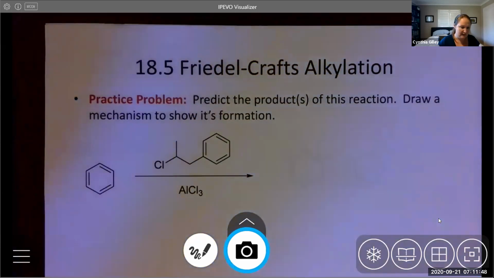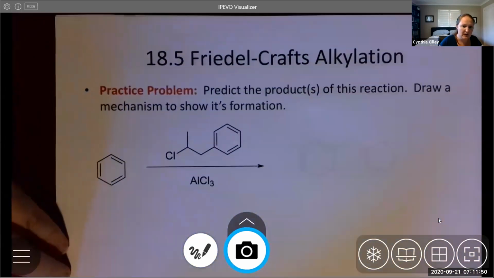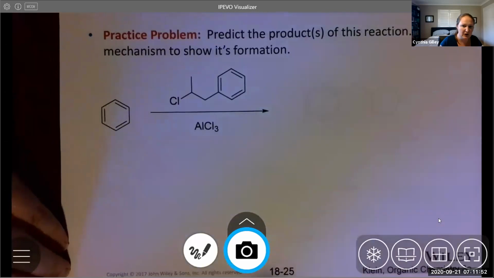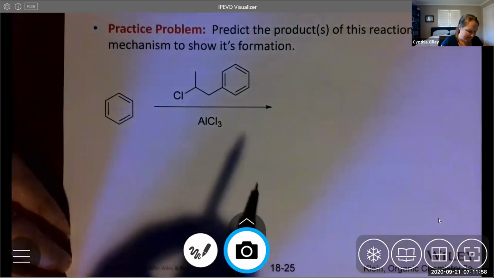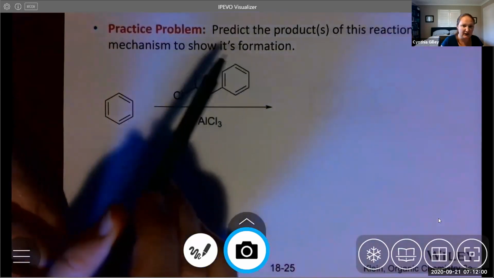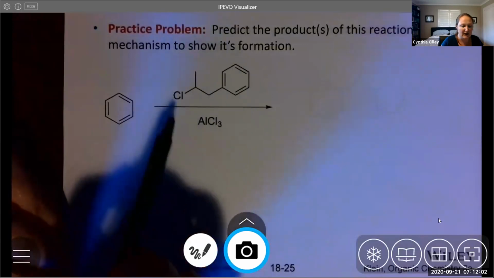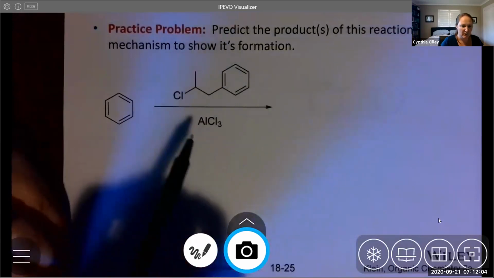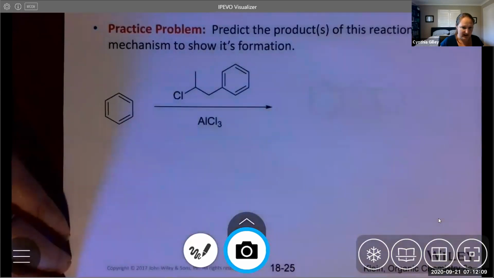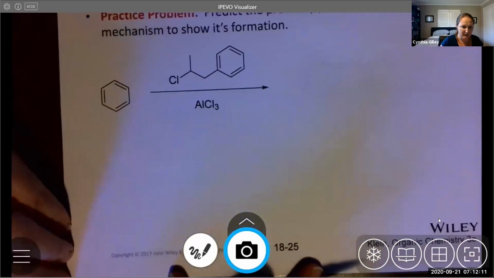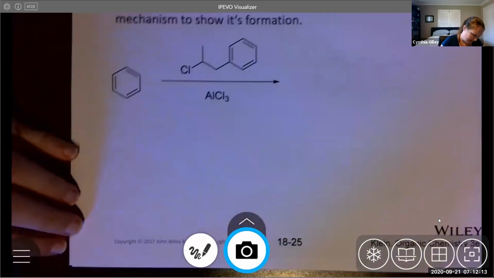All right, so let's go over this, right? We are, again, going to be predicting the products and drawing a mechanism. So recall that we don't have the active electrophile yet in a Friedel-Crafts alkylation reaction. What we have is an alkyl halide and a Lewis acid catalyst, and those must react together before you can form the active electrophile.